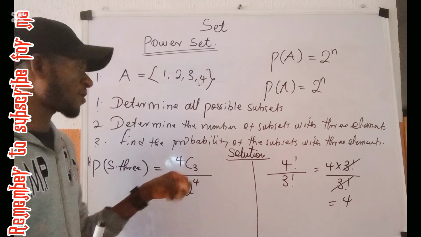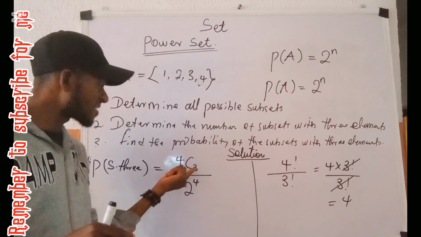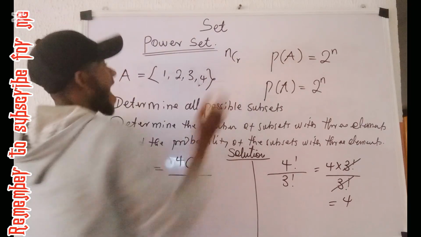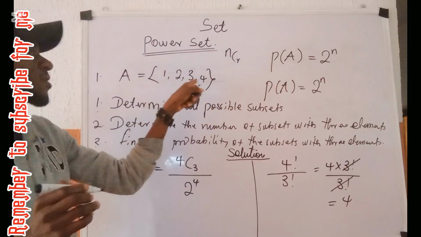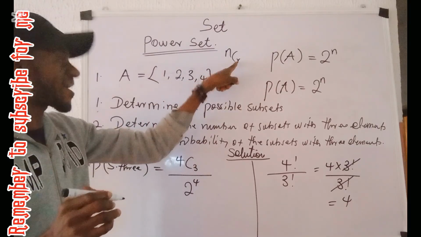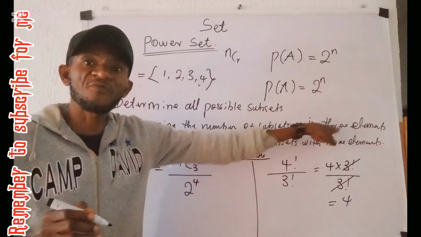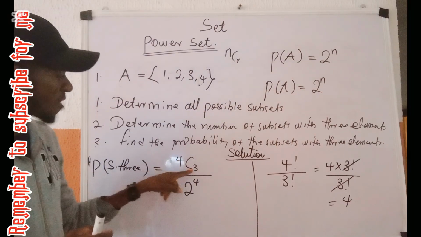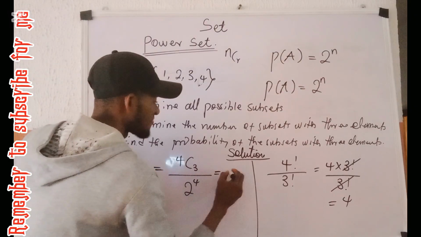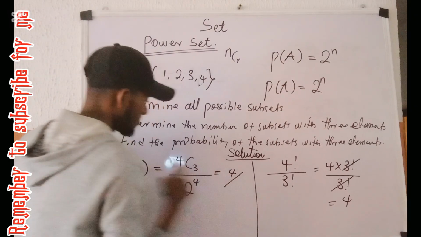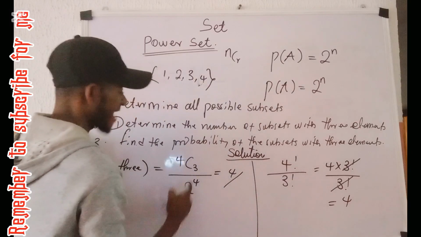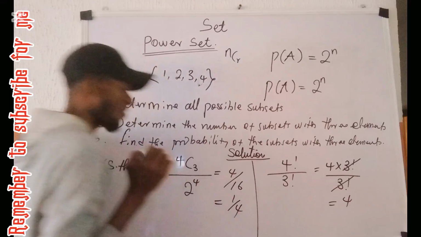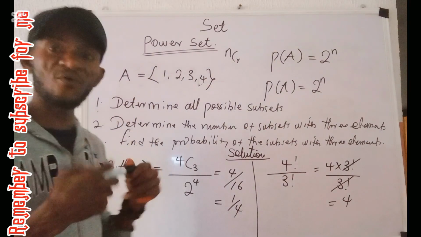To determine the number of subsets with 3 elements inside them, we make use of n combination r, where n still stands for the number of elements in this set and r stands for the number of elements inside the subset I will formulate, which is now 4 combination 3, and this earlier gave us 4, and 2 raised to power 4 gave us 16. So this becomes 4 over 16, which is 1 over 4. So the probability is 1 over 4.